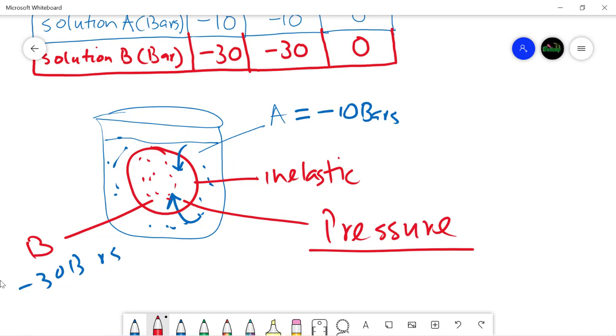When we try to inflate the tires of our vehicles, whether it's a bike or a car, when it is inflated, pressure develops inside it.